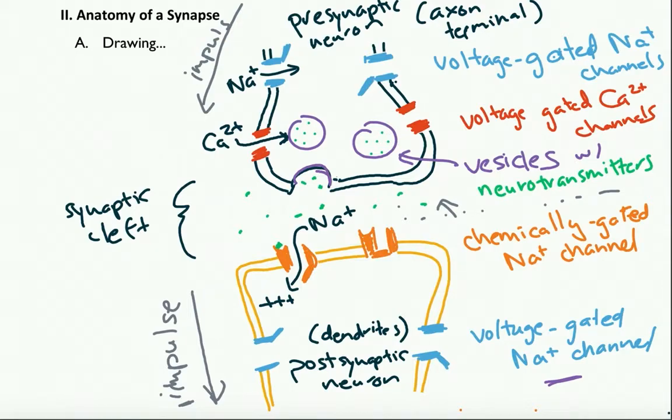But that's basically the idea. We get to the very end of our neuron, then the calcium-gated channels open and help release the neurotransmitters, and those neurotransmitters will then induce a response on the next thing. In the case of a neuron, it just starts another impulse. In the case of an effector cell, it can cause the muscle to contract. It can cause the gland to release a hormone, whatever you need.